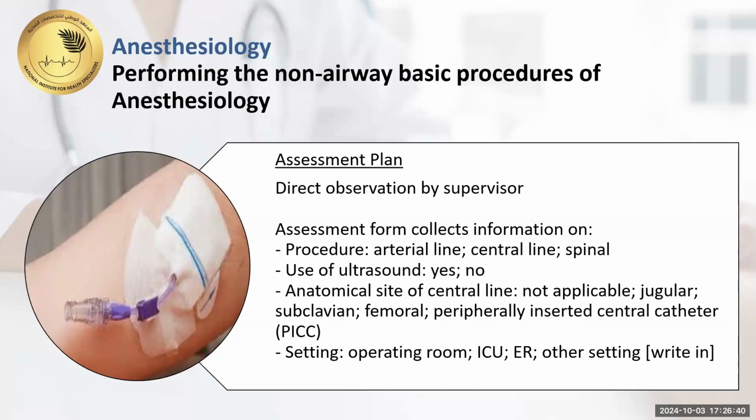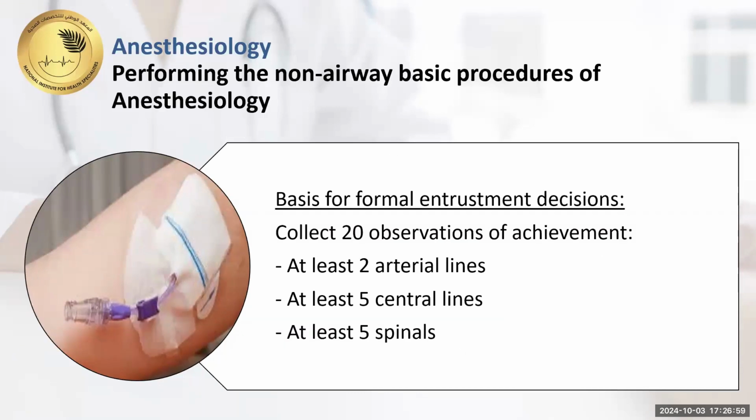Now, when we are talking about the assessment form, we will take information about the procedure, of course: use of ultrasound, anatomical site of central line, and setting, OT, ICU, ER, or any other setting. And then what is the basis for formal entrustment?